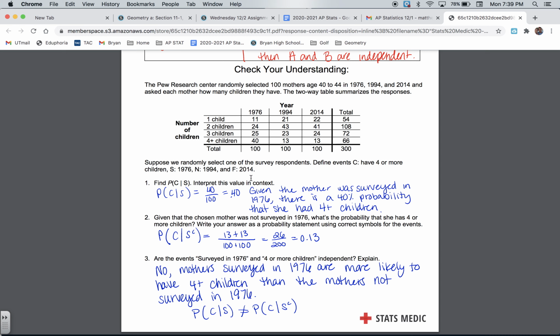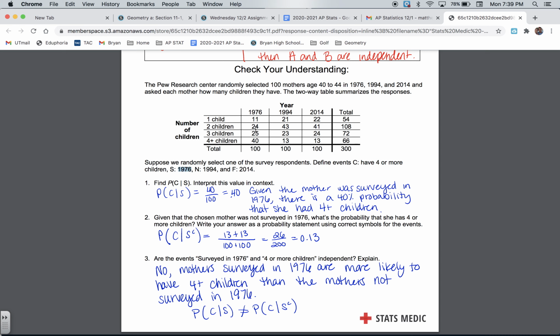Alright. So find the probability of event C, which they said is wanting 4 or more children, given that the year is 1976.